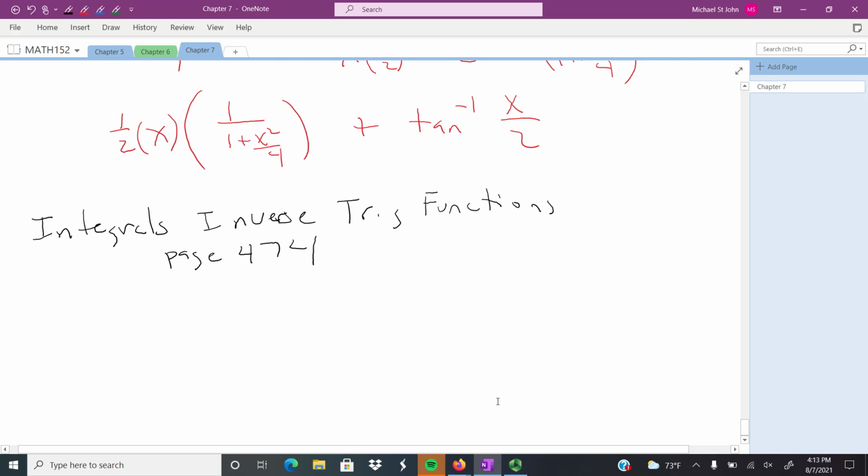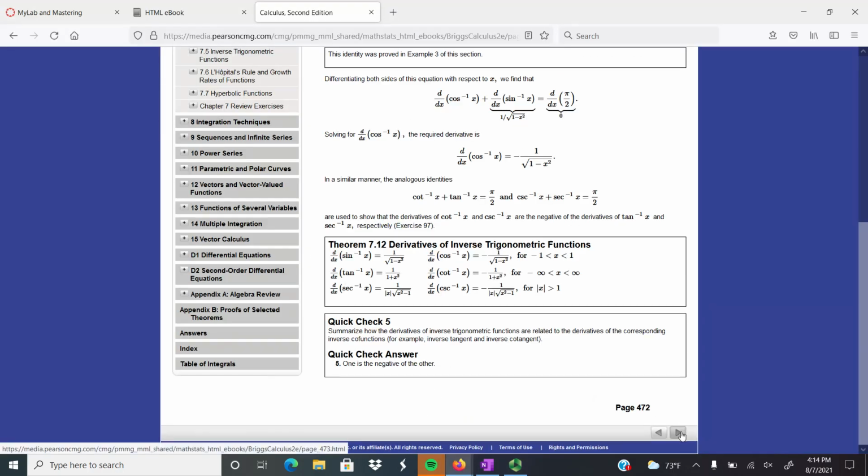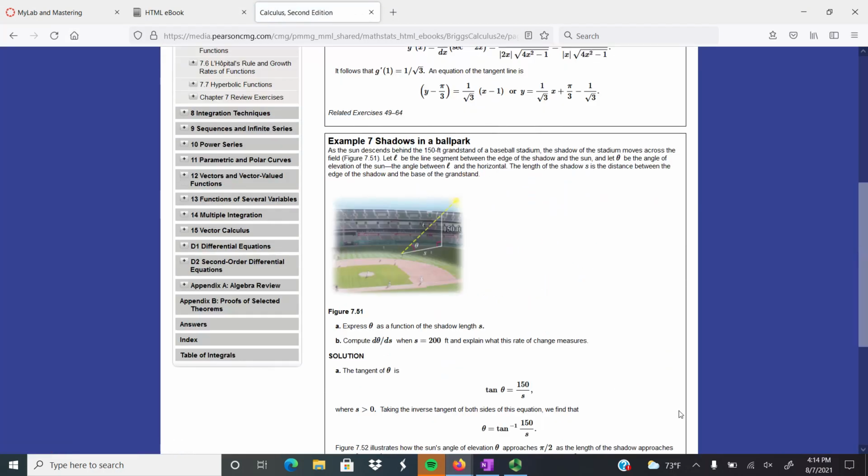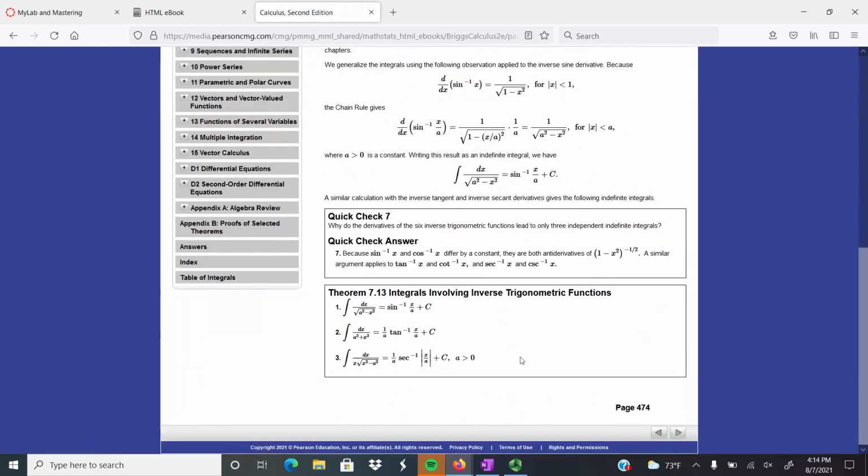So let's go to that page. So we want to go up a couple pages. And so here's my integrals involving inverse trig functions that are given. And so let's look at an example problem dealing with that.